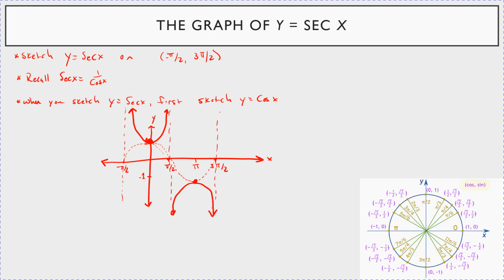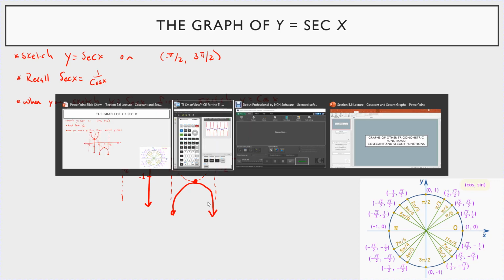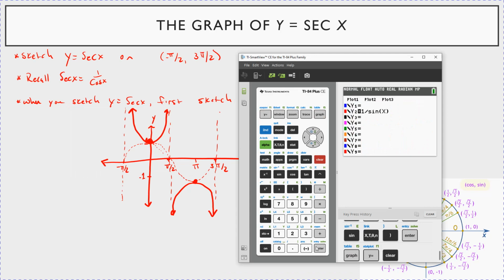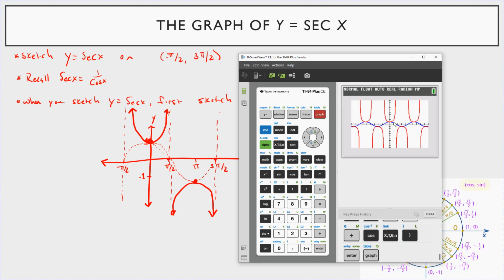And let me show you in the calculator the same thing. Let me clear both these out. Let's graph cosine of x, and then 1 divided by cosine of x. And look what you get. Cosine in blue, and then secant in red. And you can see exactly the same thing.